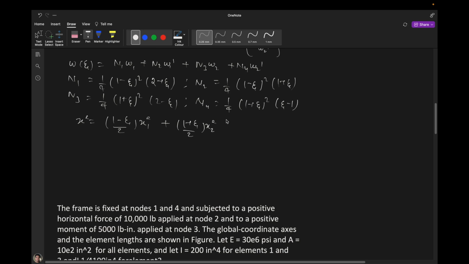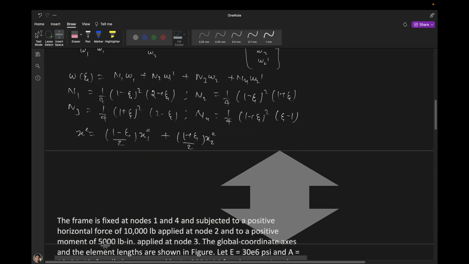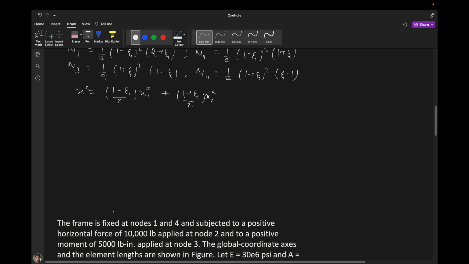Now we will move to the elemental stiffness matrix, how we will write it. So if we differentiate this, this can also be written as something like this: 1 minus zeta by 2, 1 plus zeta by 2, and this one is x1e and this one is x2e.